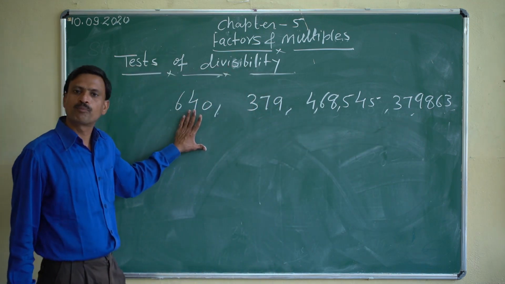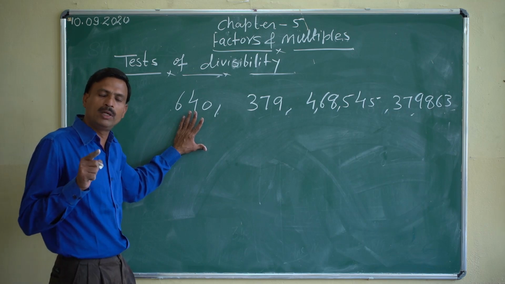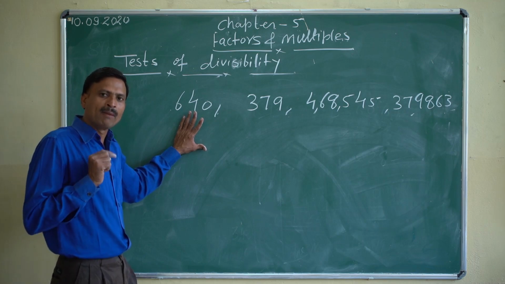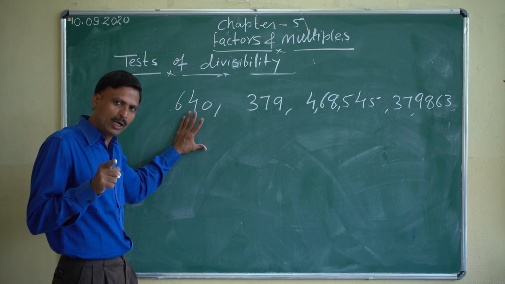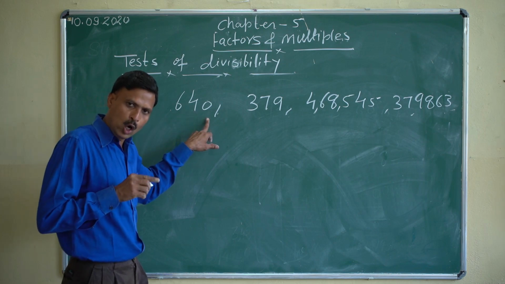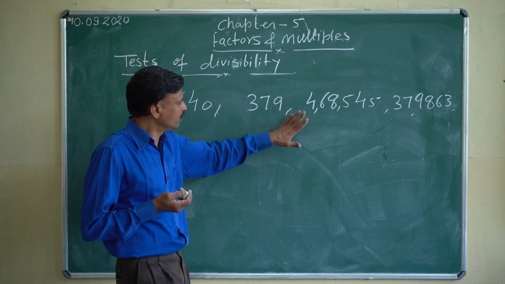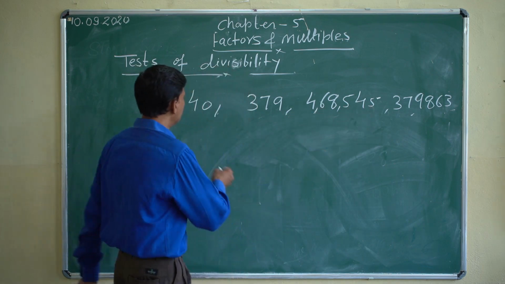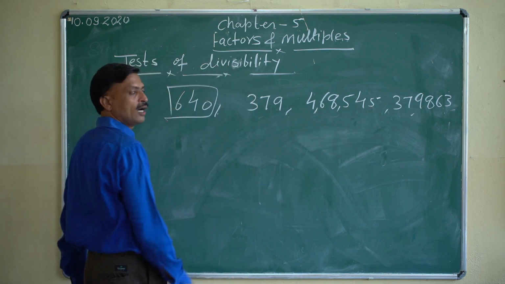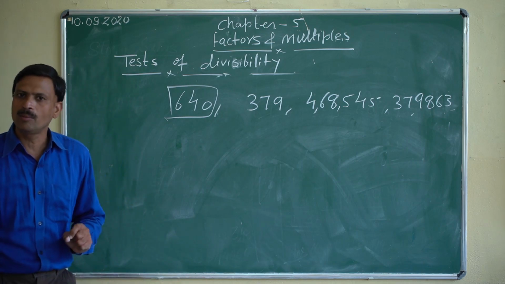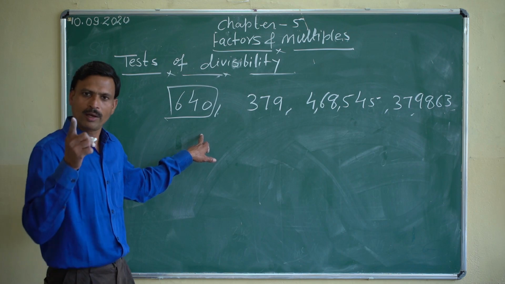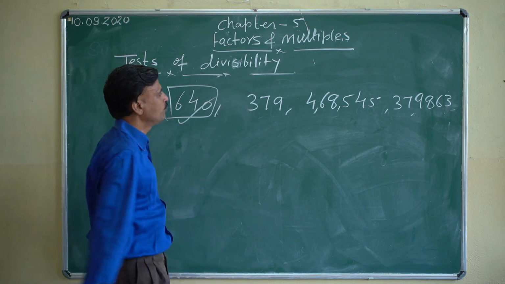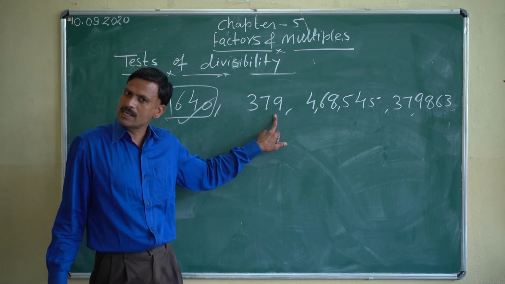So 640. What is the divisibility rule of 5 that I told you? The rule is that if the unit place digit of the number is 0 or 5, then it is divisible. So look at the first number, 640. This is divisible by 5. Why? Because the unit place digit is 0. Correct. Now, the second number is 379.